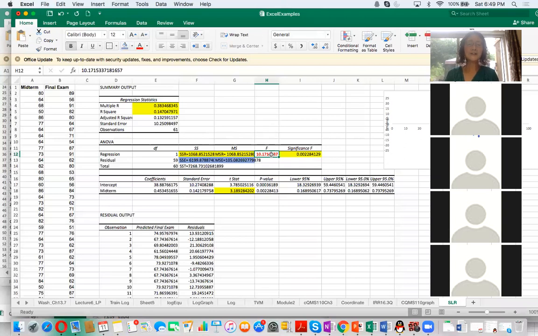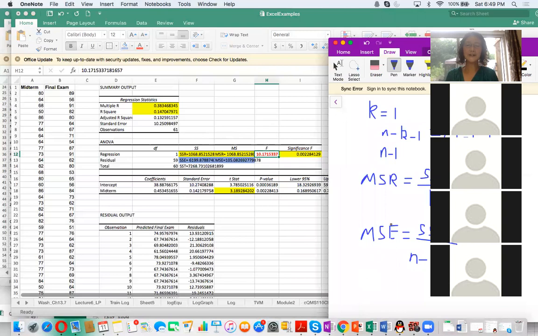This test statistic F, what is it? F equals MSR divided by MSE. That is your test statistic. Once you have the test statistic, you compare it with the critical value and make a decision.